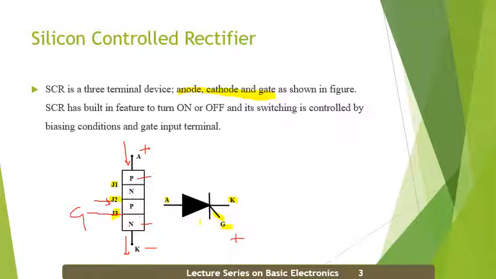That means we have commutation circuits to turn off your conducting SCR. You cannot turn off your SCR via a gate voltage or gate current. To turn it off, we need to provide a reverse voltage by a commutation circuitry.